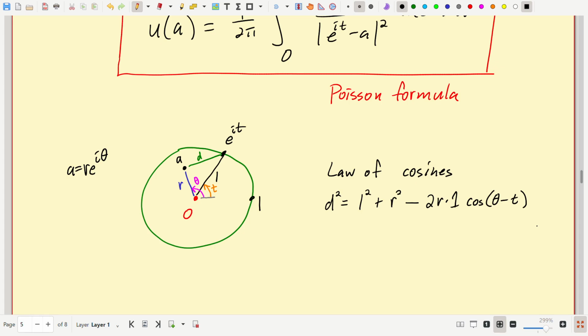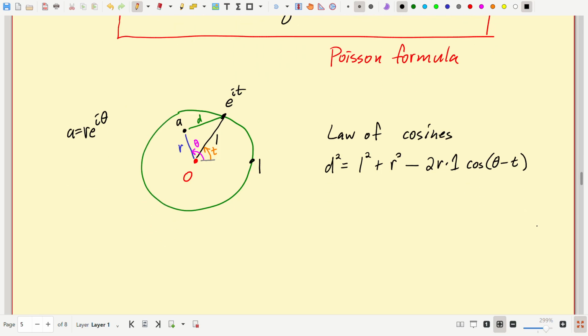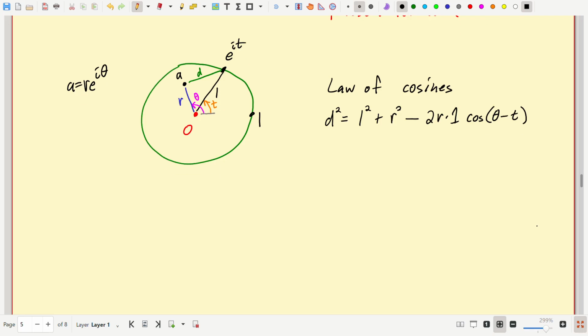Okay. And that distance in the bottom, green d, is the denominator in Poisson's formula. And of course, the modulus of A is little r. And so the real version of the Poisson formula is u of r e to the I theta equals 1 over 2 pi integral from 0 to 2 pi.